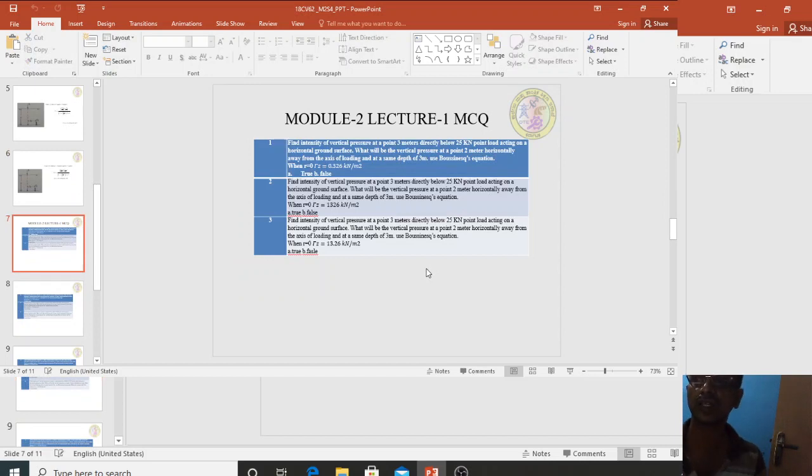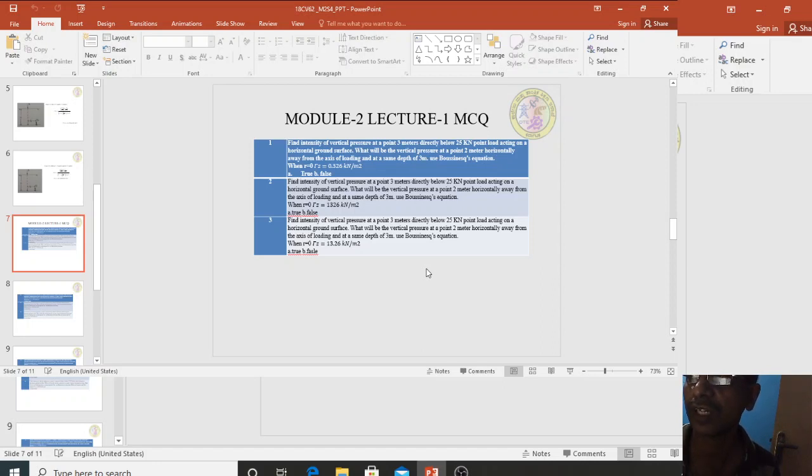Coming to the multiple choice questions: find the intensity of vertical pressure at a point 3 meter directly below a 25 kilonewton point load acting on a horizontal ground surface.